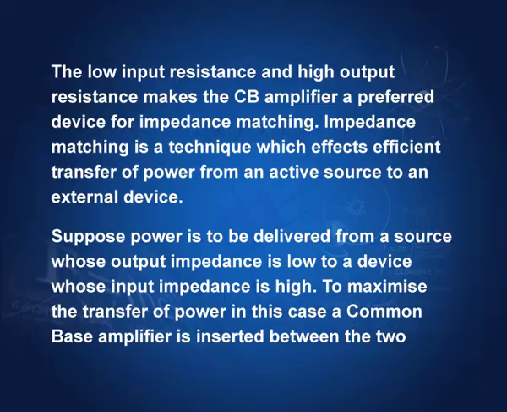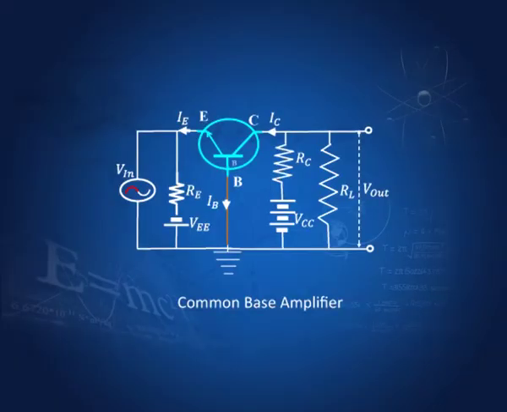See, this active device has low output resistance, and this device to which the power is to be transferred has high input resistance. So, to match them, low output, low input, so matching; high output and high input of the device to which the power is to be transferred, again there is matching.